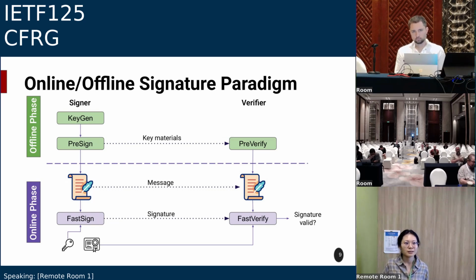This paradigm allows the sender to pre-generate some keys and prepare for the signing, and it also allows the verifier to prepare for the verification. So during the online phase, they can have fast signing and fast verification. The important thing is that this paradigm only works when the verifier has the right verification key ahead of time, before the connection or authentication process starts.